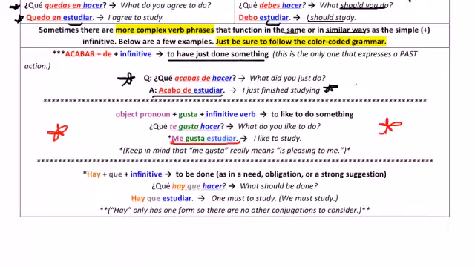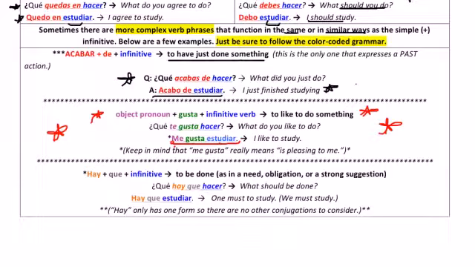In this case, you're saying I like to study, but it actually is saying studying is pleasing to me. We're not going to talk too much about this at this point because gustar is a lot more nuanced and complex. But since Chapter 2 actually mentions this grammar, I would like for you just to memorize this, and we will return to a more in-depth explanation later.